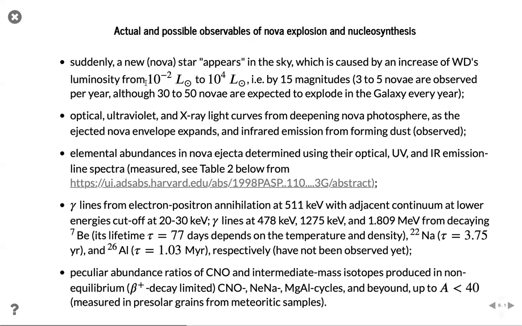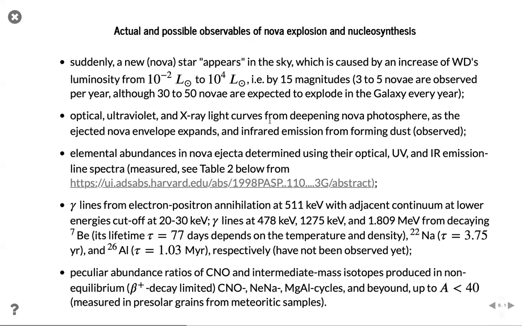Okay. So now about observables. We can and did observe from nova explosions optical radiation, ultraviolet, and X-ray radiation in the form of light curves. Light curves just means, say, the flux in the corresponding band as a function of time.